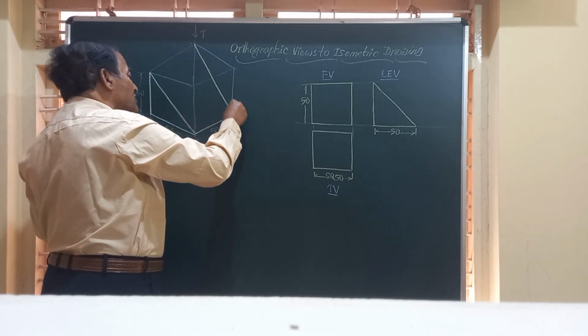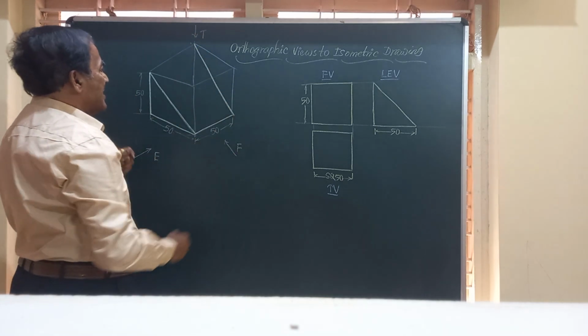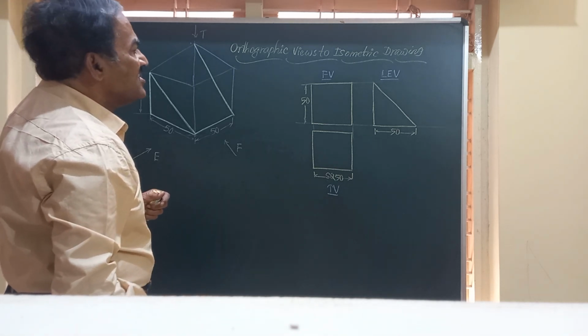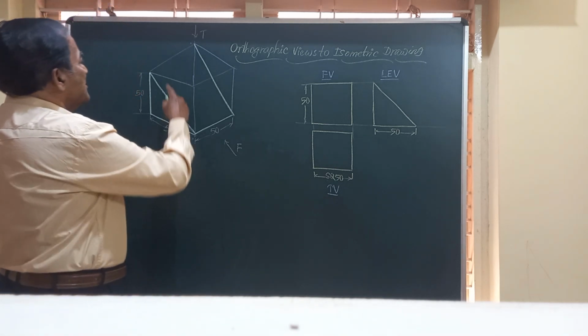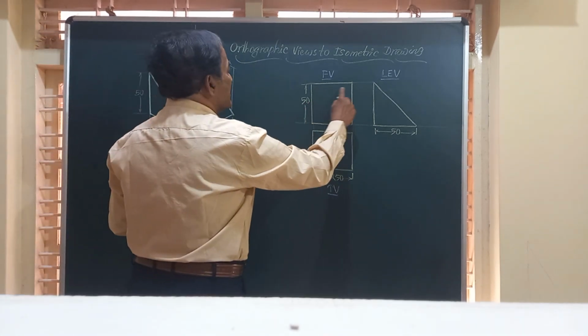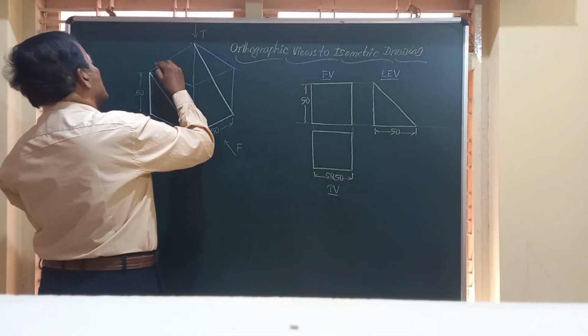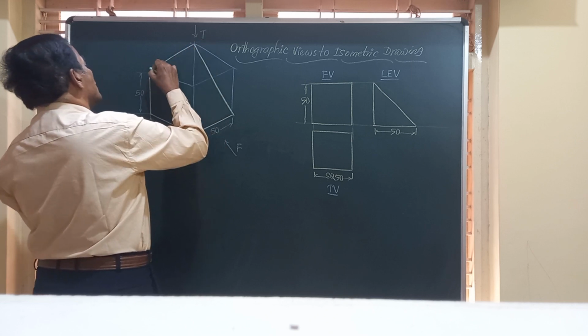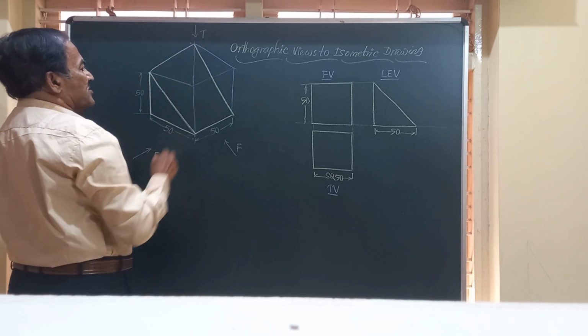So friends, I am going to draw one more line parallel from there. And after that, you can see here, this top portion is this edge. Or I can just simply join these two corners to give the correct shape of that.